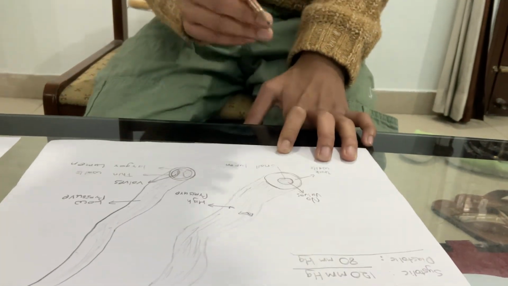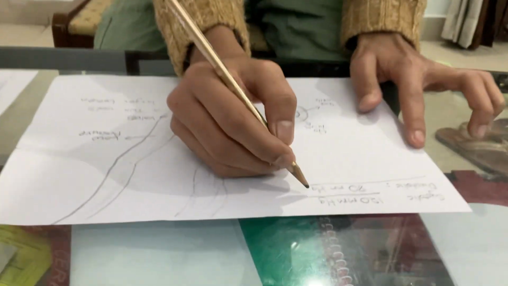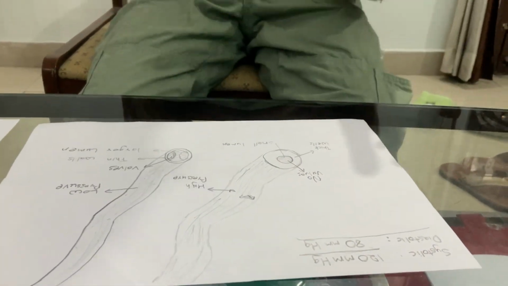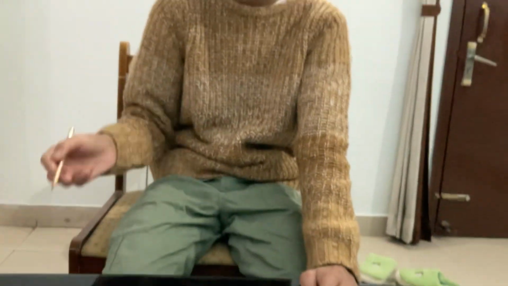Now we move on to blood pressure. What is blood pressure? It is basically the pressure in our arteries and veins. You might have seen doctors writing 120/80. What does this mean? 120 is the systolic blood pressure, which is during the contraction of the heart, where the blood pressure is higher.